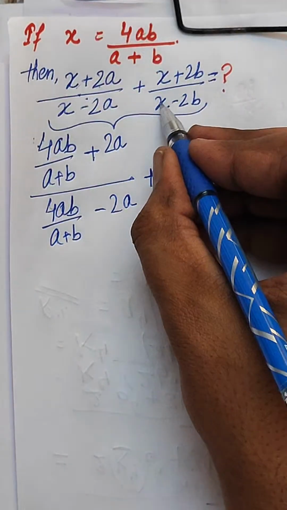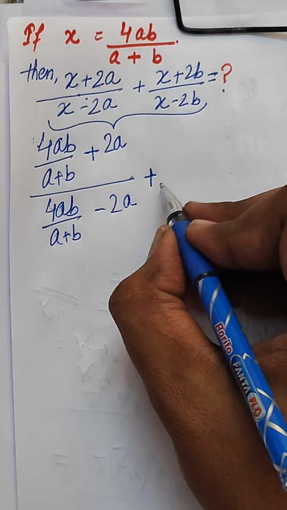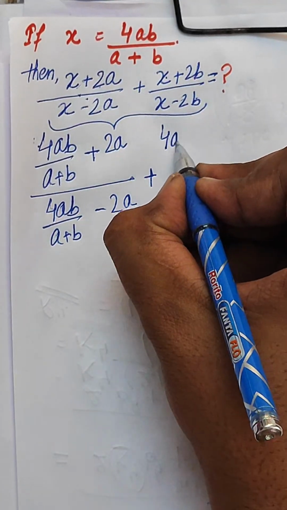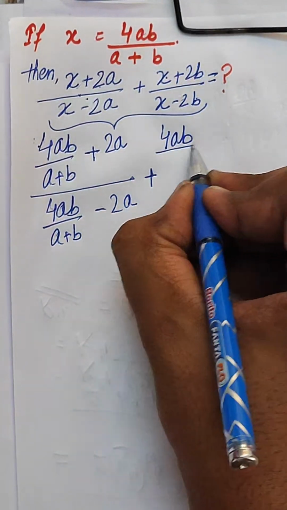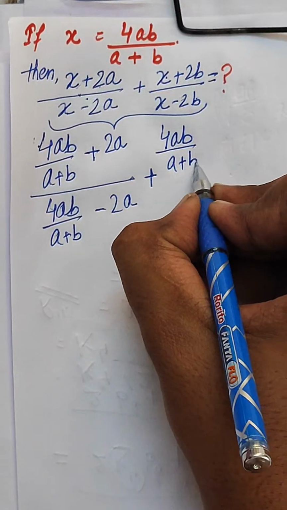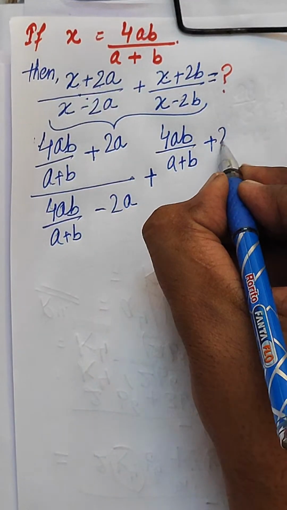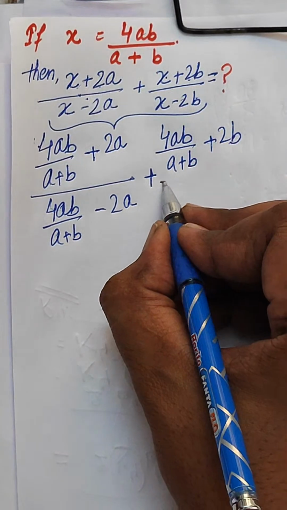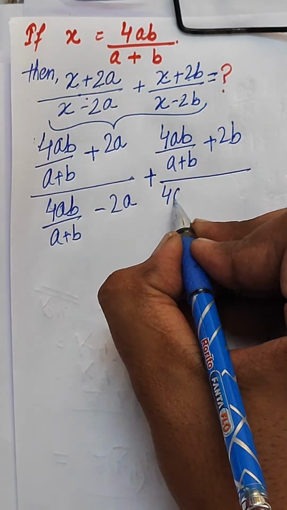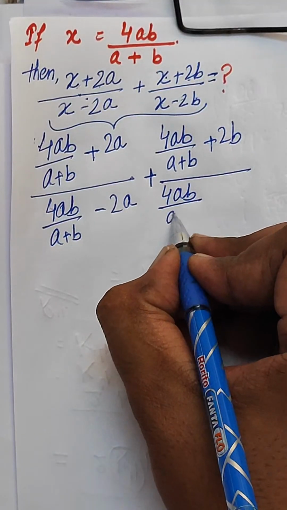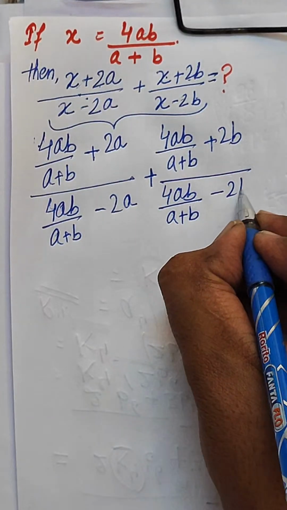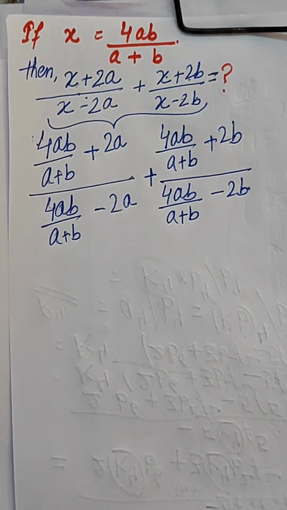Then x plus 2b by x minus 2b. So instead of x, write 4ab by a plus b, then plus 2b, divided by 4ab by a plus b minus 2b, right?